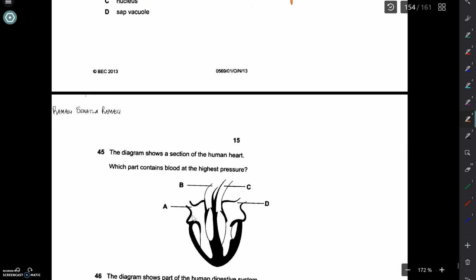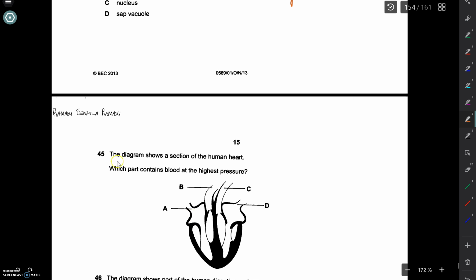45 says the diagram shows a section of the human heart. Which part contains blood at the highest pressure? Well, part A is where blood from the body enters the heart, right?